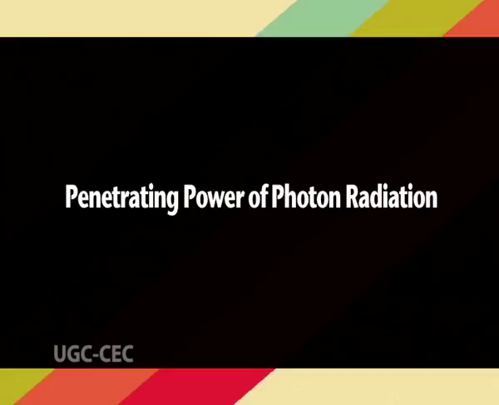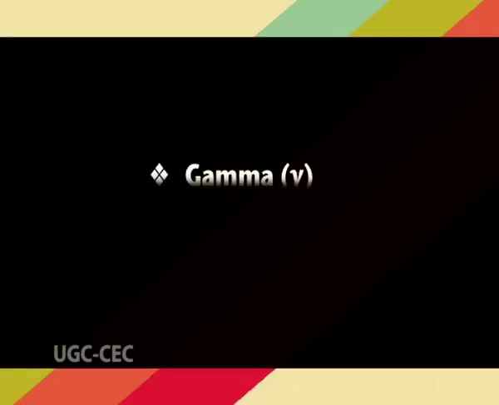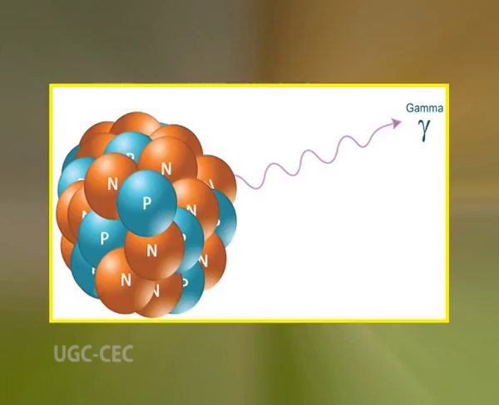Third, penetrating power of photon radiation. There are two types of photon radiations, that is gamma and X radiation. Gamma radiation consists of photons that originate from within the nucleus and X radiation consists of photons that originate from outside the nucleus and are typically lower in energy than gamma radiation.